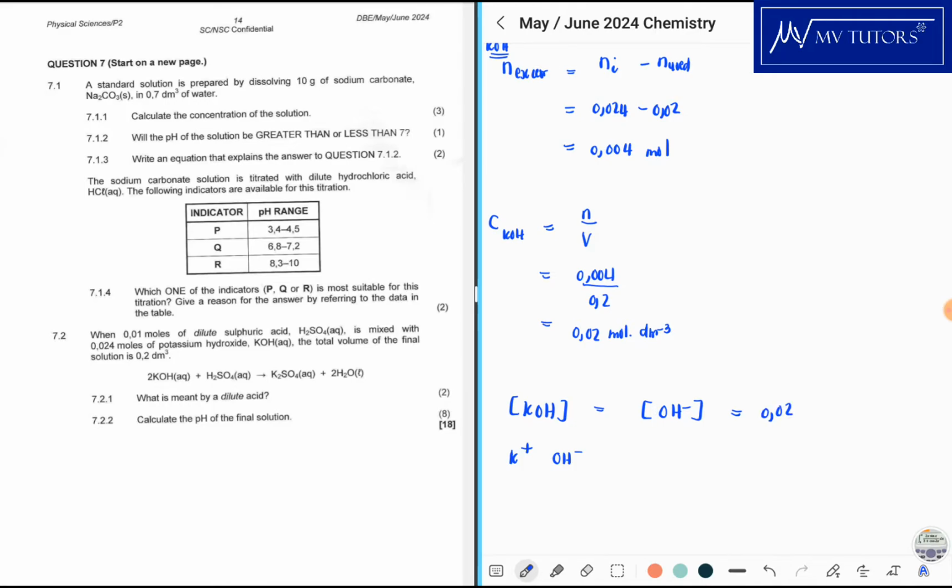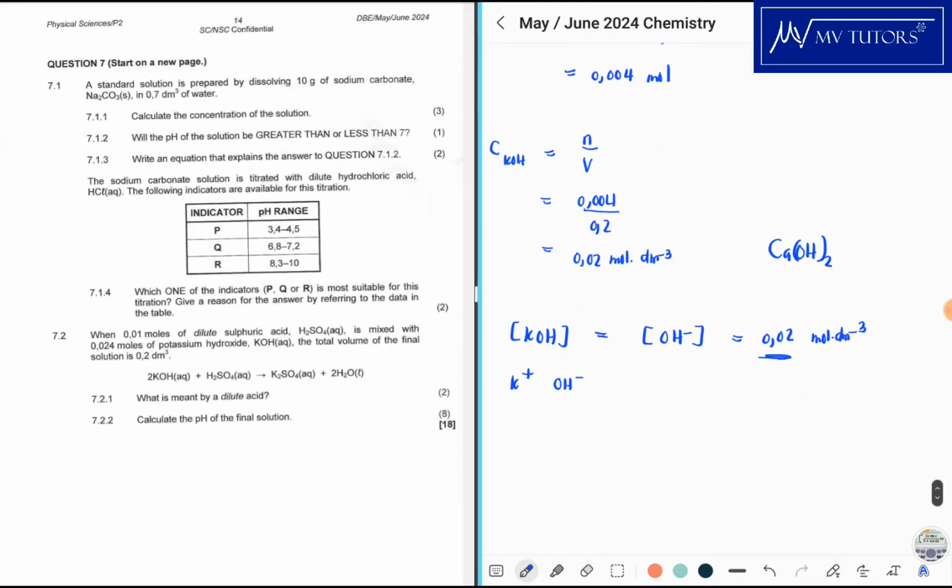If I had something different, let's say calcium hydroxide, I would need twice the hydroxide, so it will not be just equal like that. I would have to factor the 2 in here. All right, anyway, back here, we have 0.02 moles per cubic decimeter.